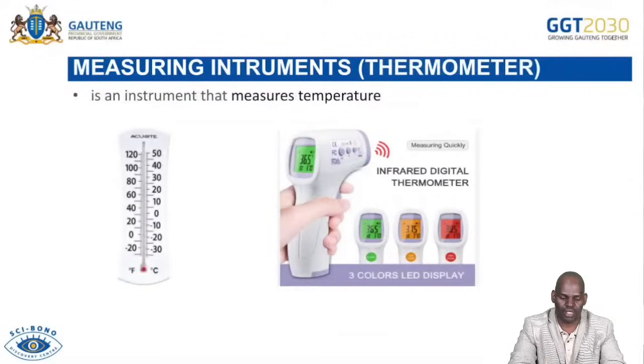Then of course, the thermometer. This is a traditional one where you have to take the readings. If you have to take the readings between 40 and 60, again, how many intervals are there? From 40 to 60, we've got a difference of 20. If it is a difference of 20, and we've got two spaces, it means that the longer line there represents 10. So this is 40, so between 40 and 60, this one will be 50.